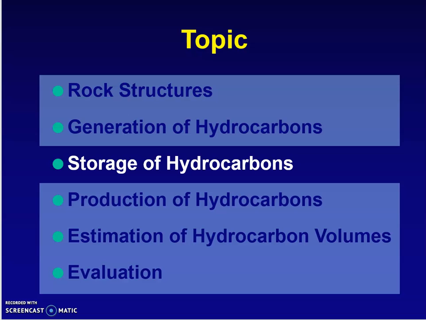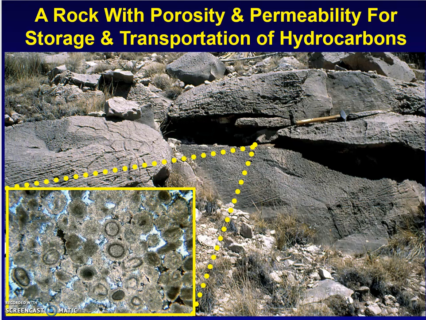And in the storage of hydrocarbons, the rocks are basically the host for hydrocarbons, right? And in this picture you can see a piece of rock basically. This is called an outcrop. An outcrop is a part of a formation that you can see on the surface.